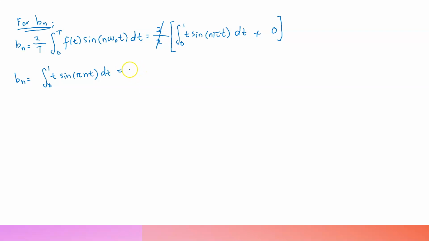Okay, if I integrate this, I will get, integrate sine, you will get minus cos, so minus t cos n pi t over n pi plus sine n pi t over n pi square, integration from 0 to 1.